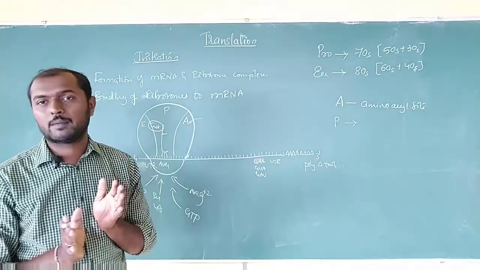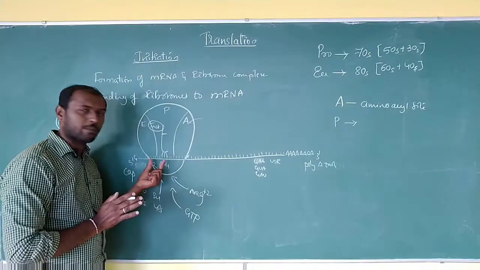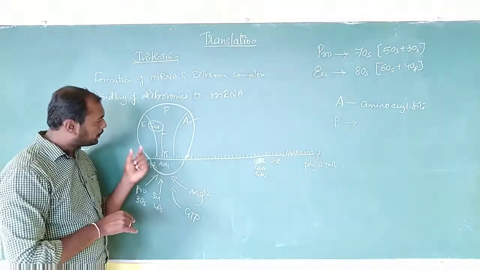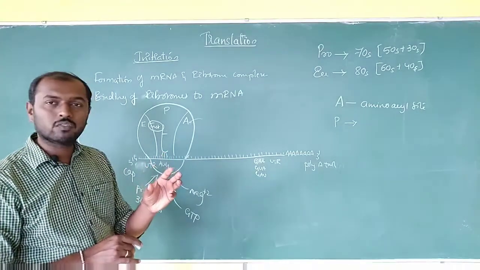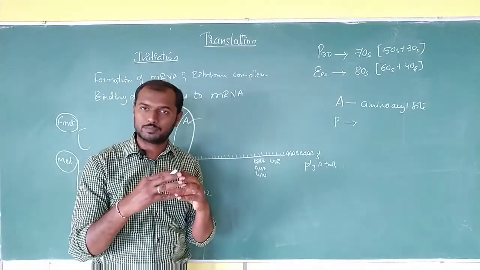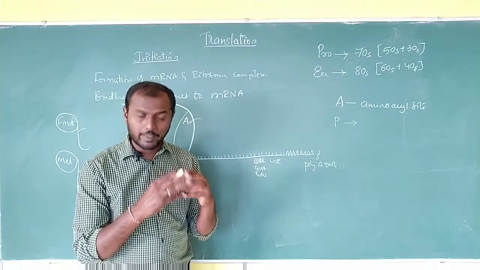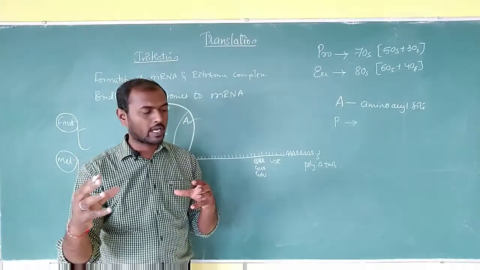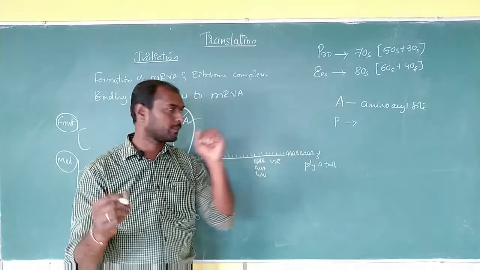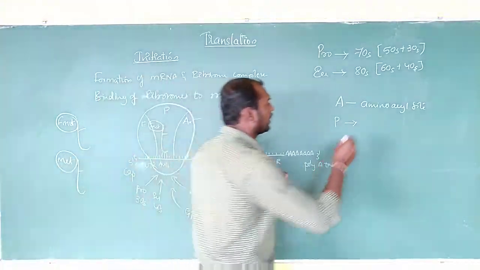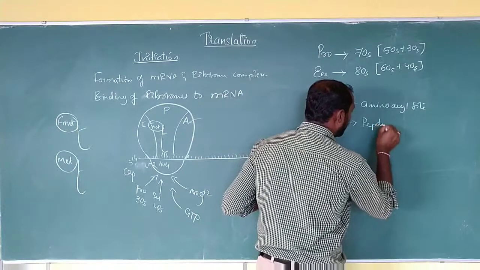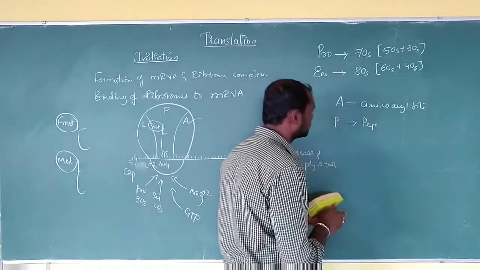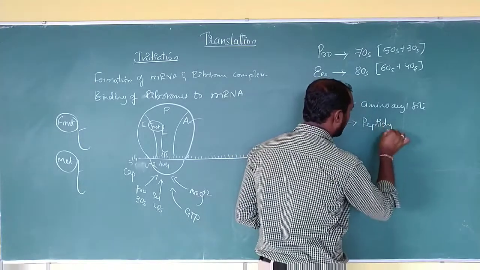After this, the second chamber or second site that we have is the P site. The P site is specifically made for formation of the peptide bond between the incoming amino acid and the pre-existing amino acid of the P site. So the P site is called the peptidyl site.